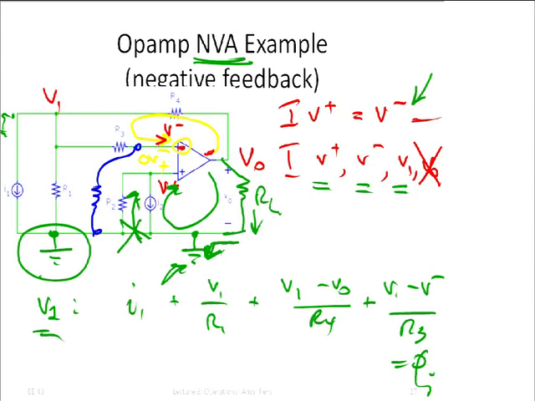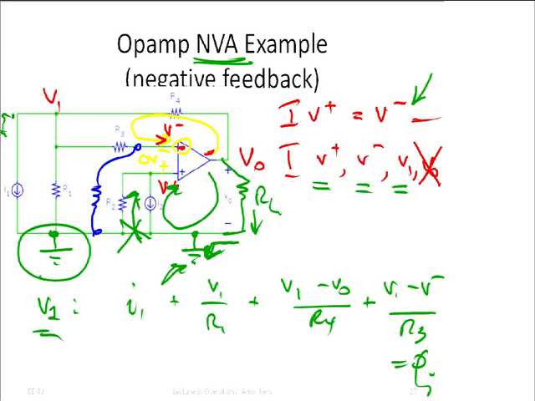By inspection, you can write many fewer. We just automatically saw that V1 equals V minus equals V plus, so why write that many equations for that? I'm not telling you that you should use node voltage analysis in any particular case, but this example simply illustrates how to do it.